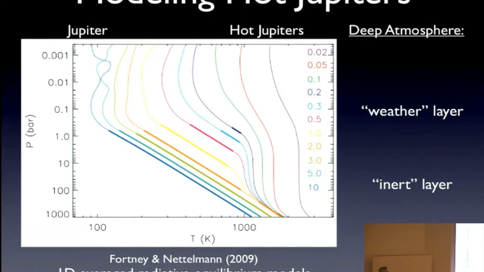Typically, you keep absorbing down to maybe 1 bar. So this region is where you force, and also where the infrared photosphere, where the planet irradiates, is located, between 1 bar and 0.1 bar. 100 millibar is a good number to keep in mind.